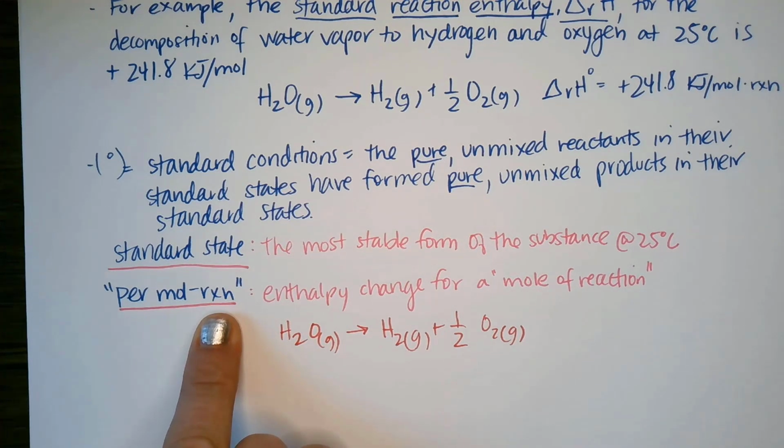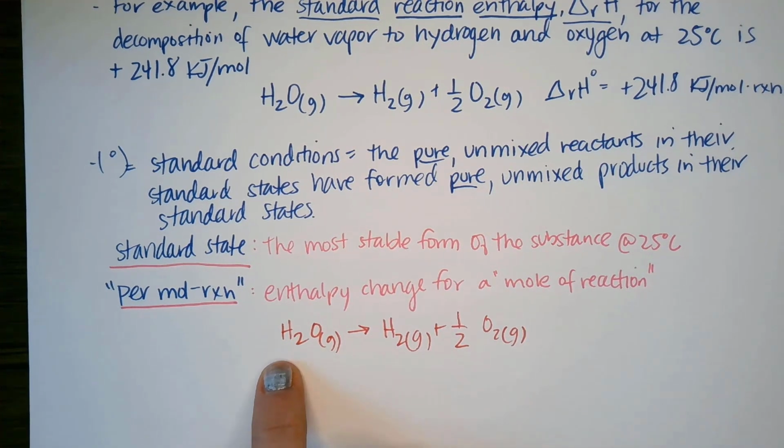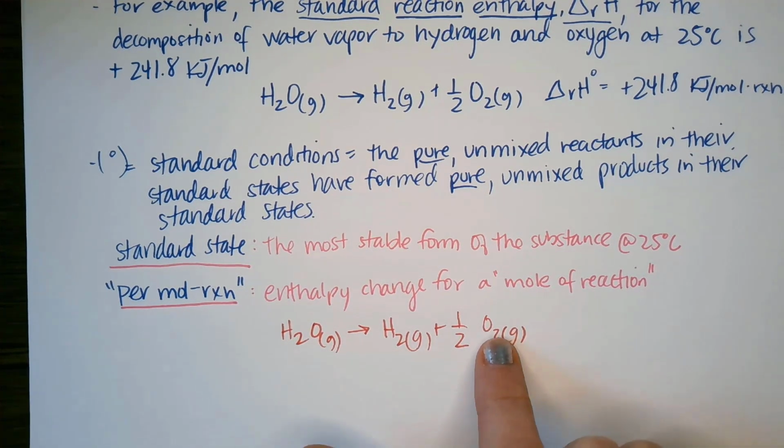The second thing to note is this per mole reaction. This is the enthalpy change for a mole of reaction, also abbreviated as rxn for reaction. If you notice, we have 1 mole of water.